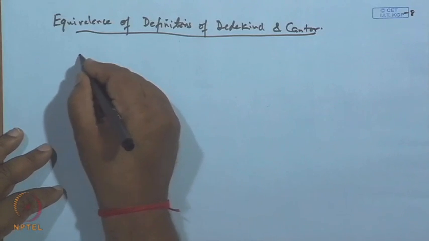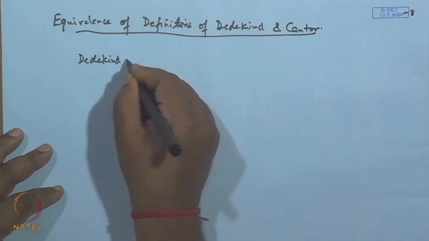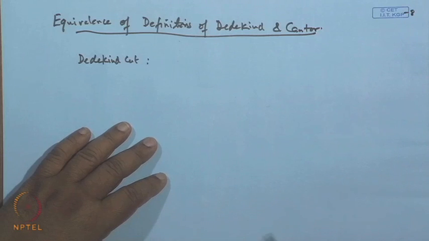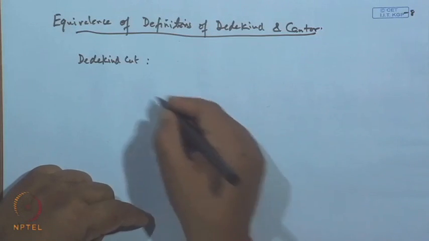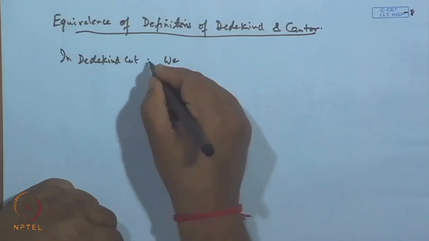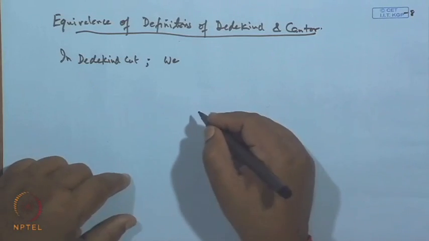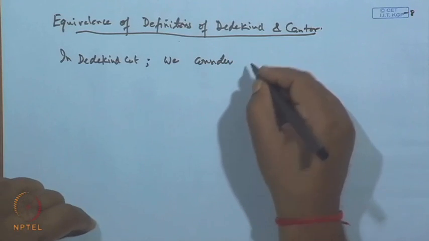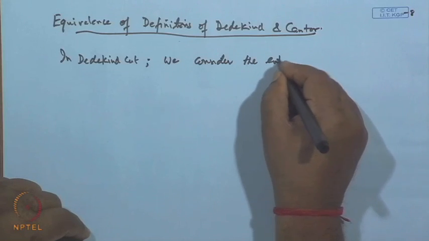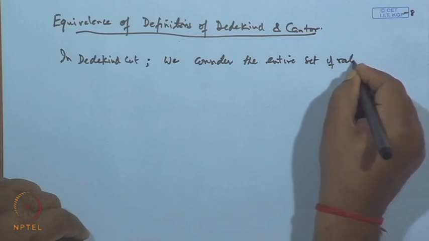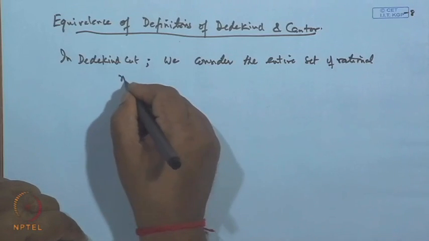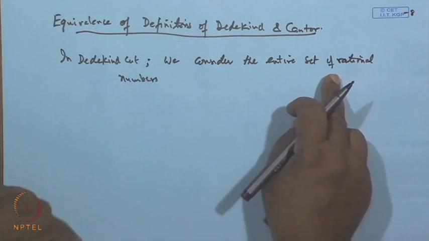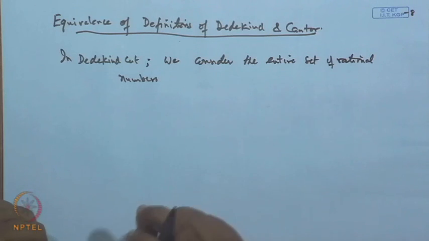If we take Dedekind's theory, Dedekind's cut, here we consider the entire set of rational numbers, and on this set of rational numbers we introduce the cut, is it not?